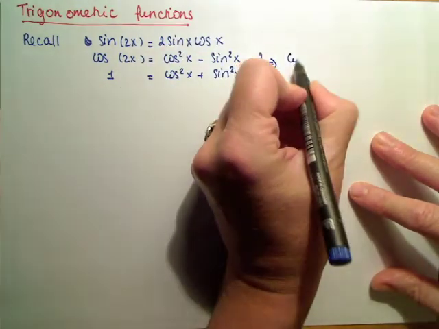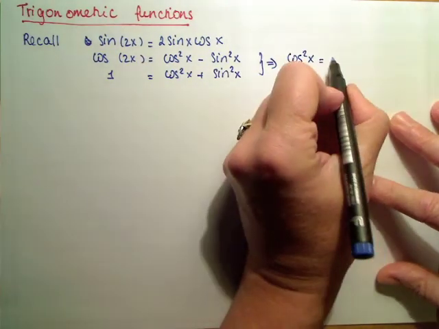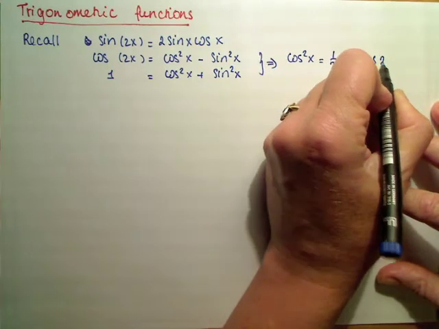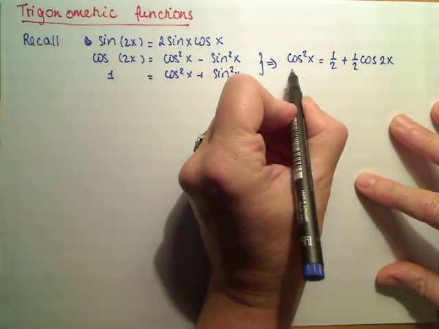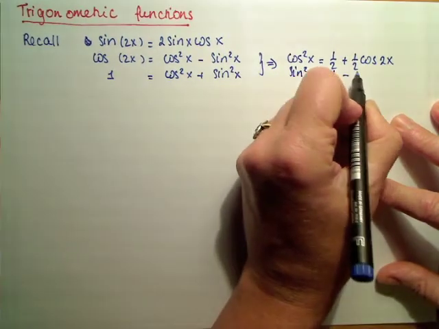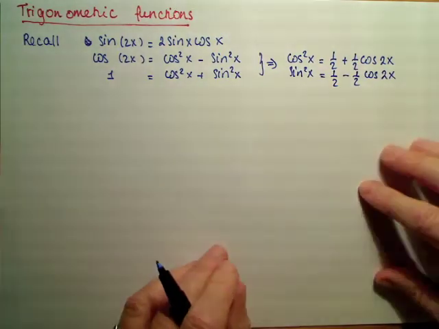Let me recall, cosine of x squared is equal to 1/2 plus 1/2 times the cosine of 2 times x, and sine of x squared is 1/2 minus the same half times cosine of 2x.